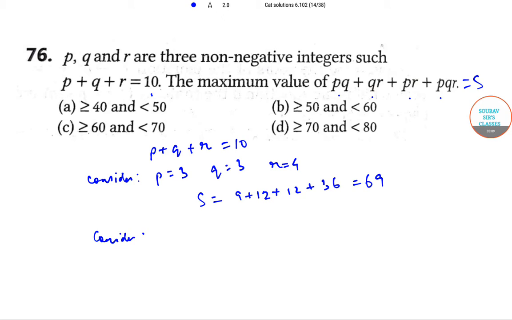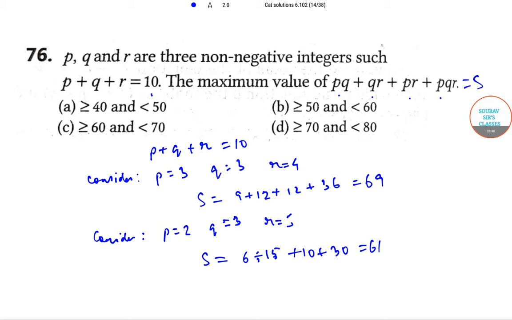Now consider P equal to 2, Q is equal to 3 and R is equal to 5. Then we get S to be 6 plus 15 plus 10 plus 30 is equal to 61.